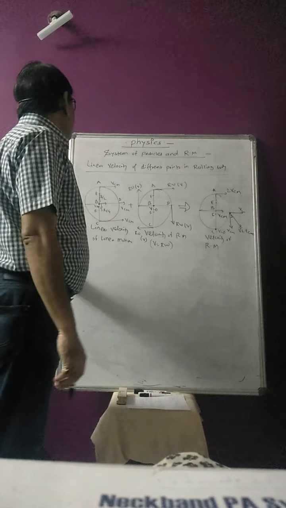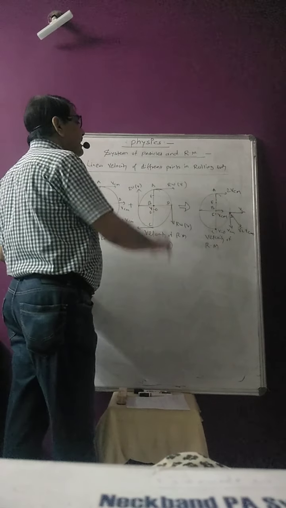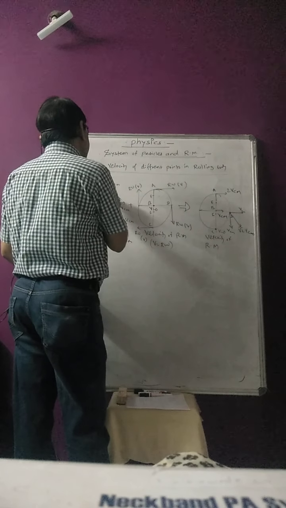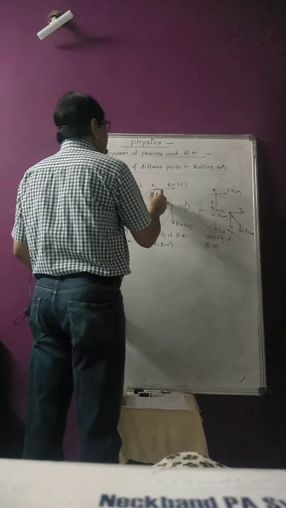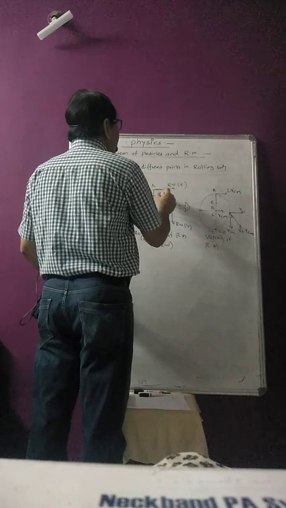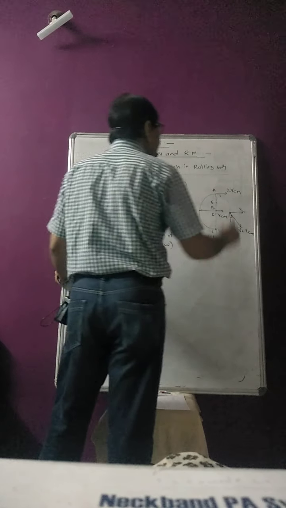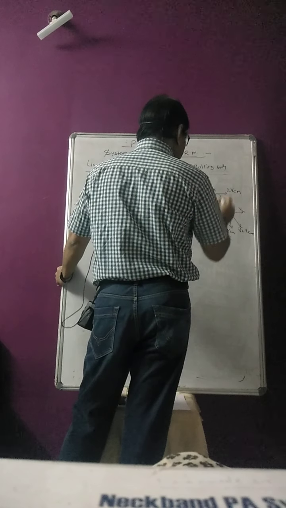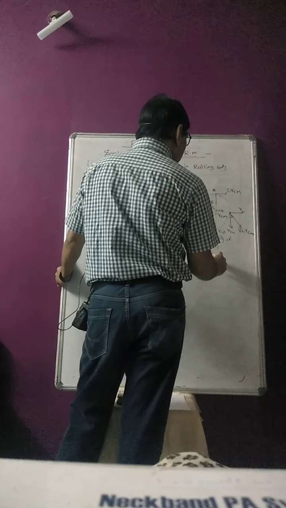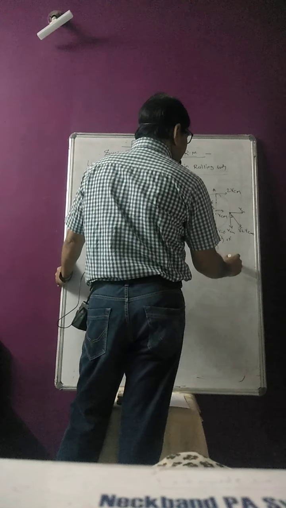Now if I want to calculate the velocity, the velocity of center of mass will remain the same, and here the velocity will be r omega by 2. Okay, and what will be the velocity at point E?